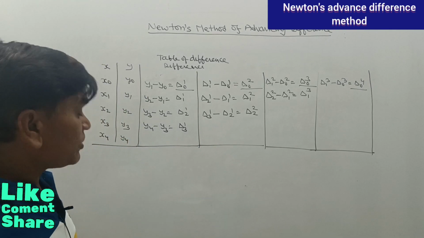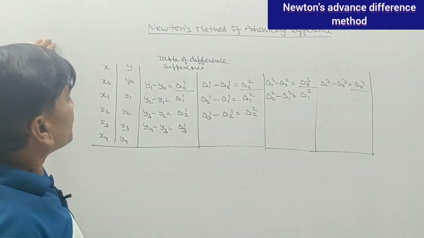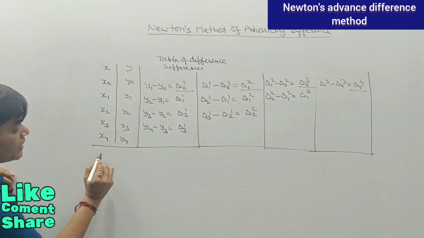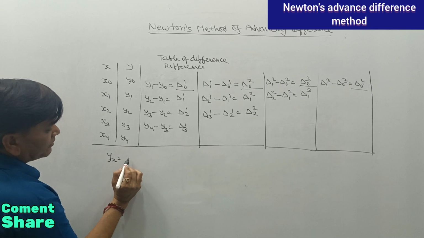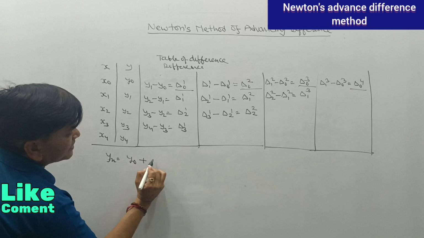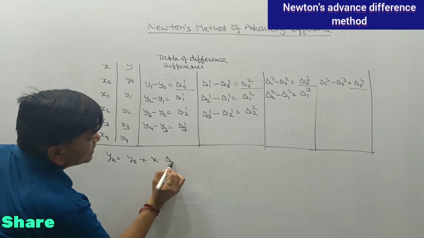Second, we now apply the formula for Newton's method, that is yx is equal to y0 plus x multiplied by delta 0 1.